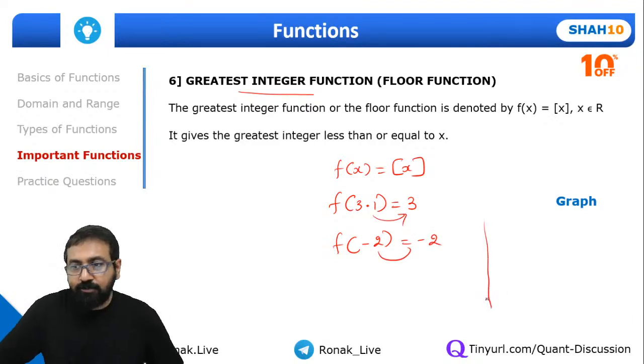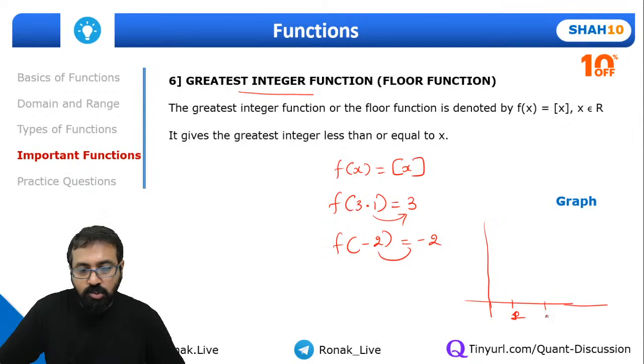If you look at the graph of this function, it will be something like this. This is 1, this is 2, this is 3, this is 4, and so on. Between 0 and 1, the value of f of x will remain 0. Between 1 and 2, whatever value you take, f of x will be 1.